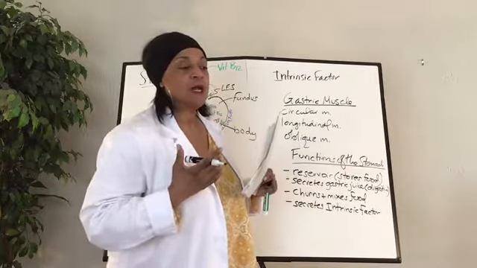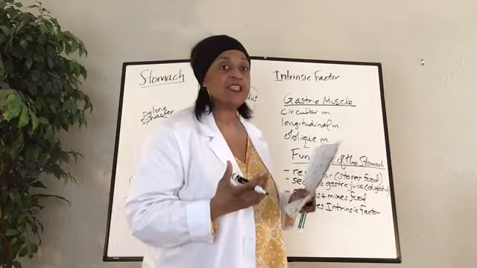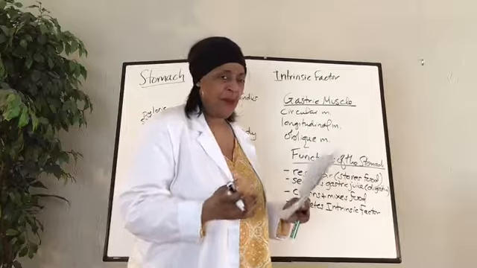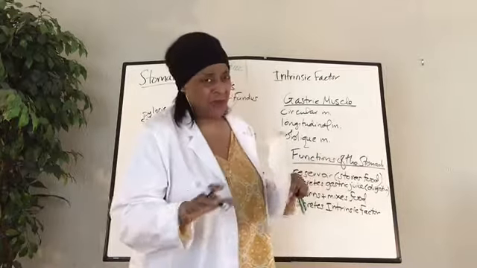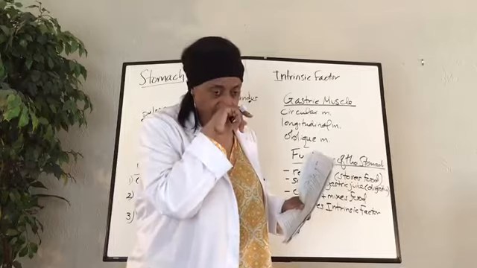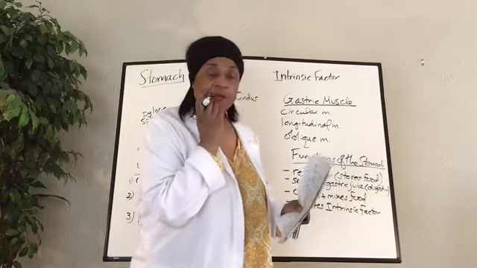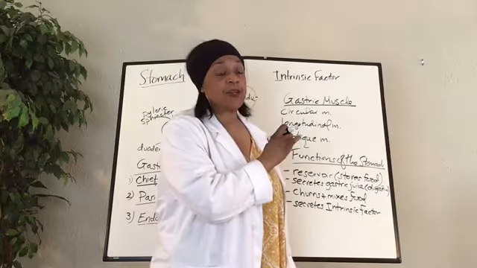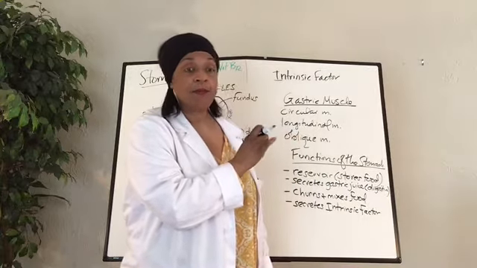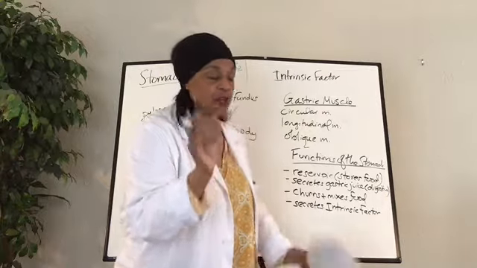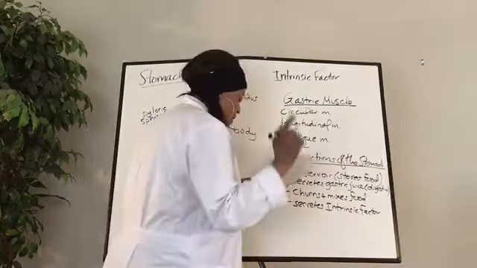Most of our absorption is in the small intestines. The stomach, not so much involved with absorption. Some, but if we're really going to talk about absorption, we have to look at the small intestines. And particularly for the intrinsic factor and vitamin B12, it has to be in the terminal ileum, so the last part of the ileum.